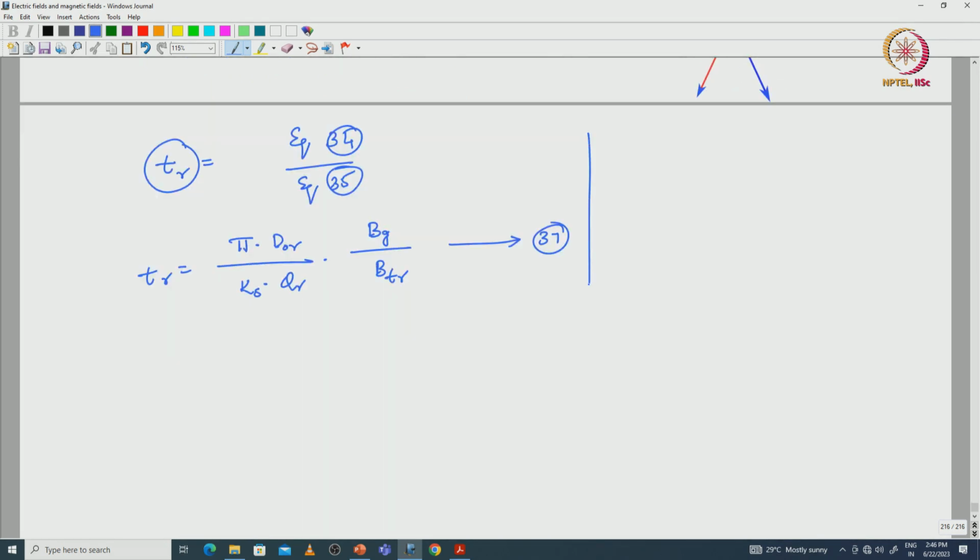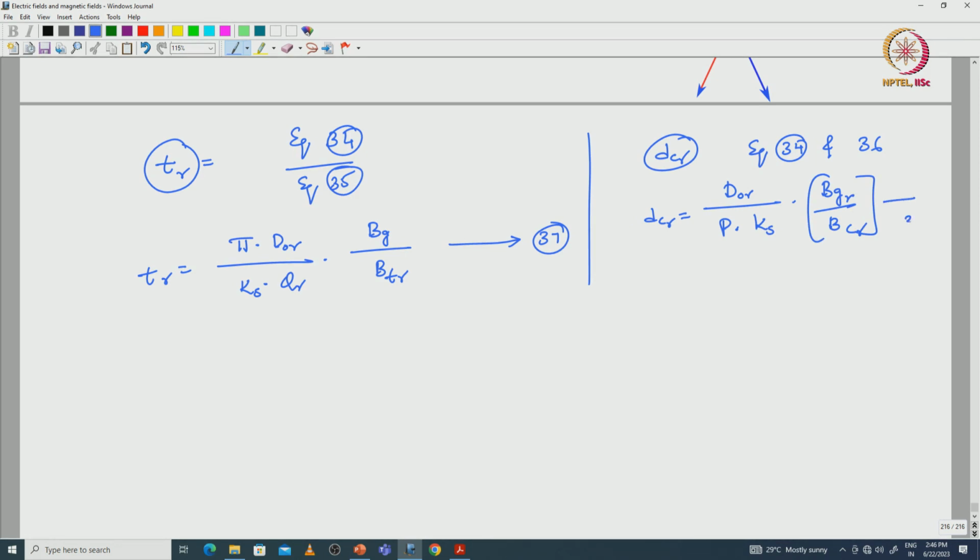Similarly, in order to find the depth of the back iron, we have to utilize equation number 34 and equation number 36. DCR is equal to depth of the back iron, rotor outer diameter divided by number of poles into stacking factor into BGR divided by BCR.